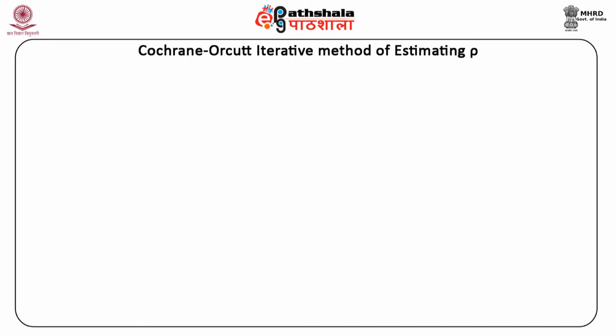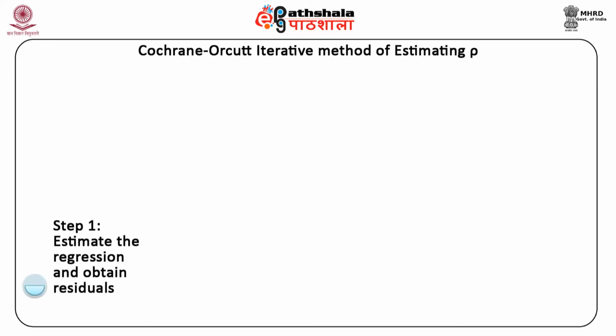The steps involved in the procedure are: the first step is to estimate the regression and obtain residuals. Step 2, estimate rho hat by regressing the residuals on their lagged terms. Note in this case that this regression does not have an intercept term because the sum of the residuals is 0, making the intercept equal to 0.